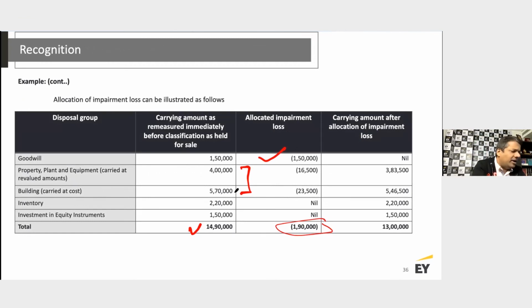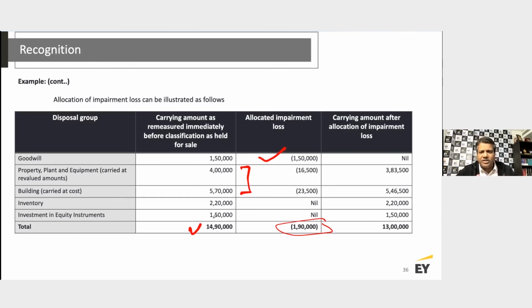If I were to allocate to inventory, just think about it: tomorrow I'm going to sell it, then immediately there will be a profit on the inventory. Essentially inventory is already carried at the lower of cost or fair value, whichever is lower, so we're not supposed to lower it further. That means the loss is not attributable to inventory.